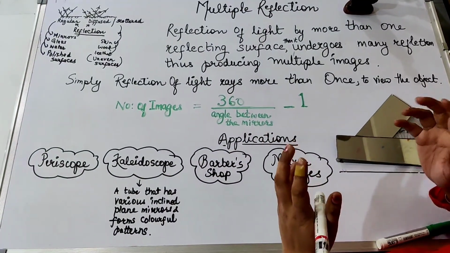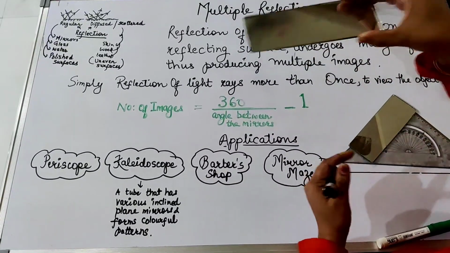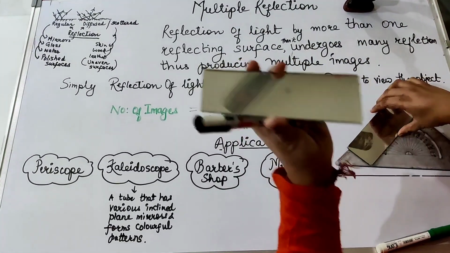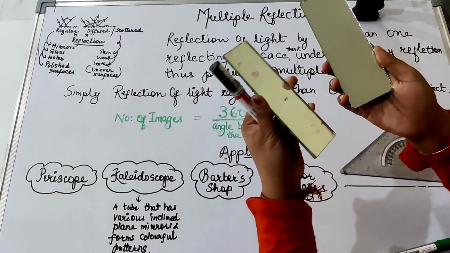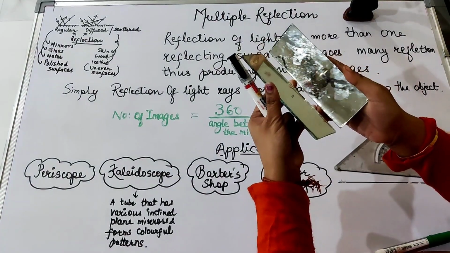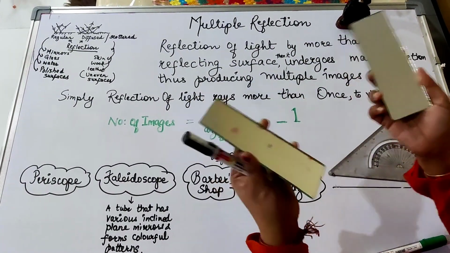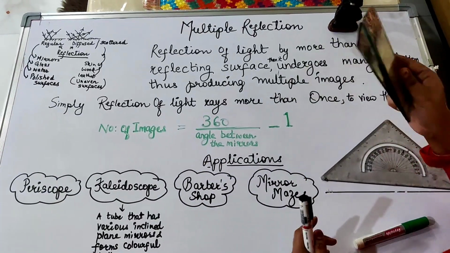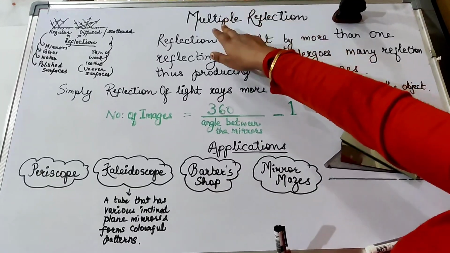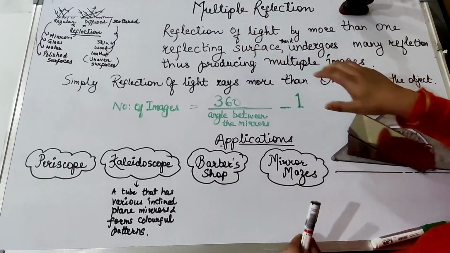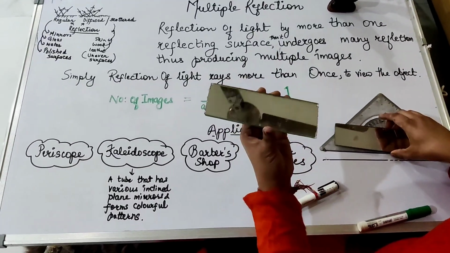But what if the reflection is happening from more than one surface? I have one surface, that is reflection. But if two surfaces are there and the reflection is happening, what is the difference we are going to get? Yes, my dear students, we are going to talk about this reflection, and it will be called multiple reflection. The reflection of light is happening but from more than one surface.